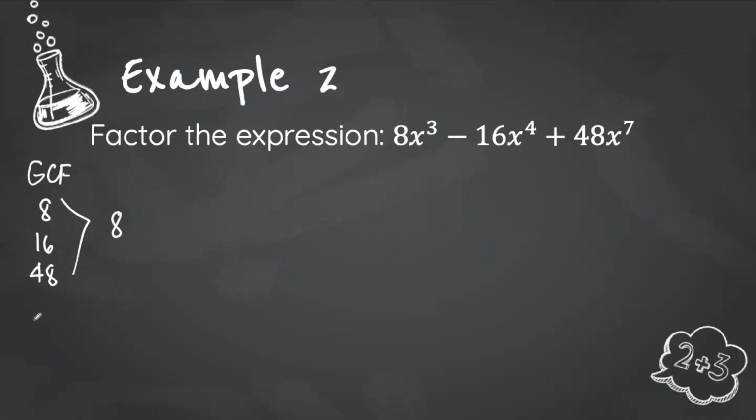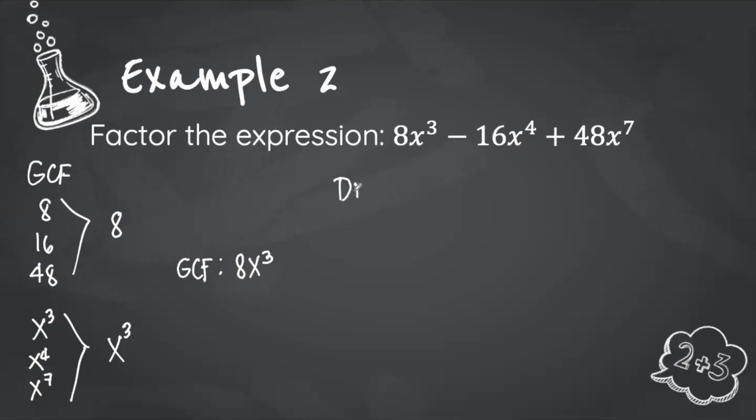The variables are x cubed, x to the 4th, and x to the 7th power. The shared variable here is x, and the lowest exponent of x that we can find here is 3. So, the GCF of our polynomial is 8x cubed.